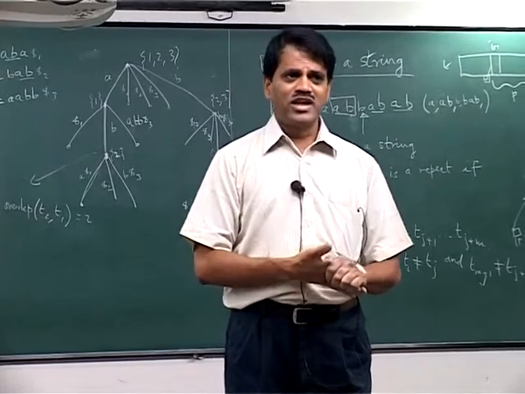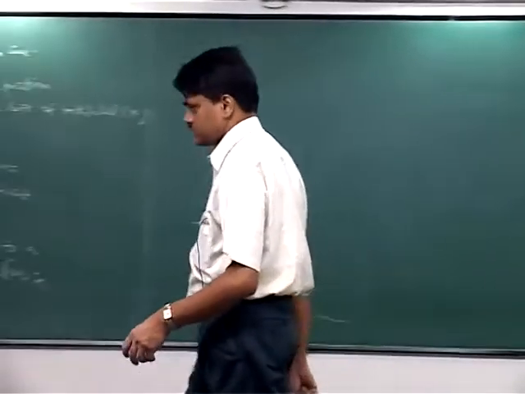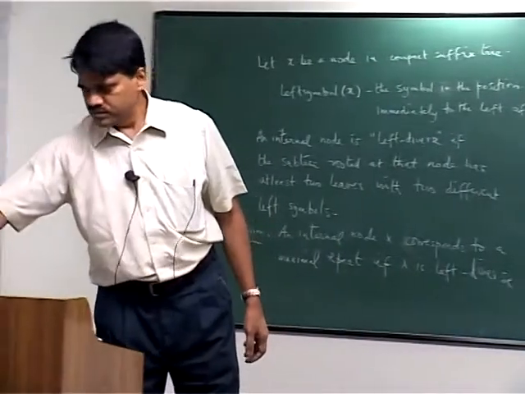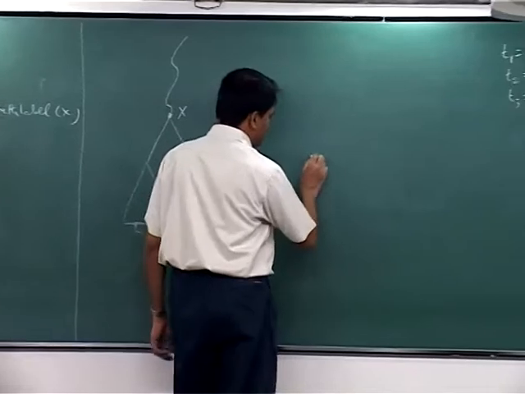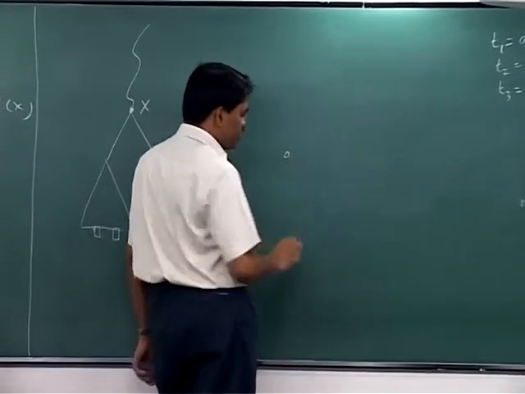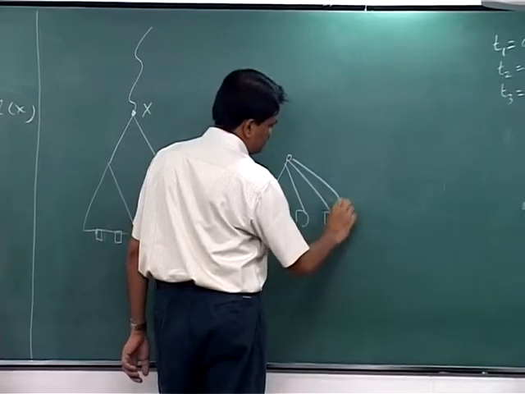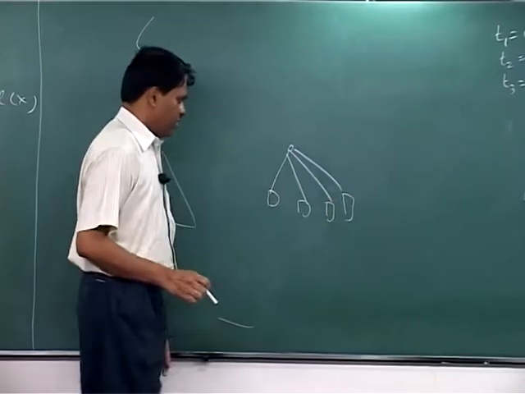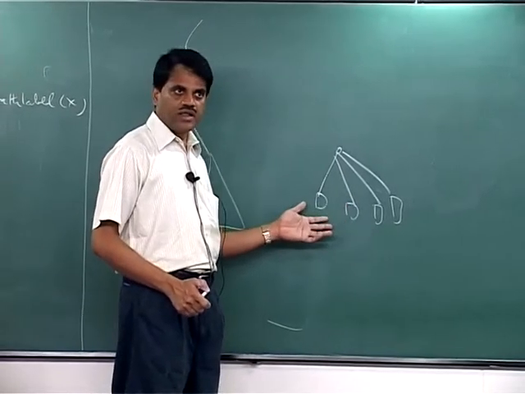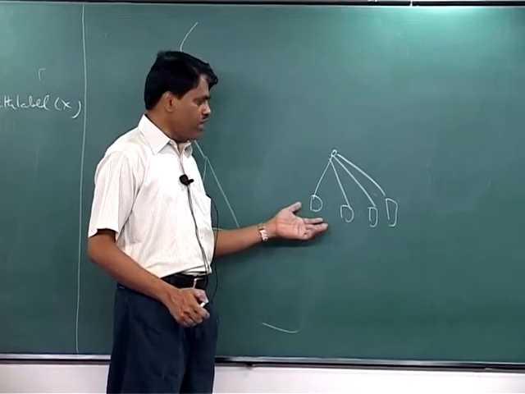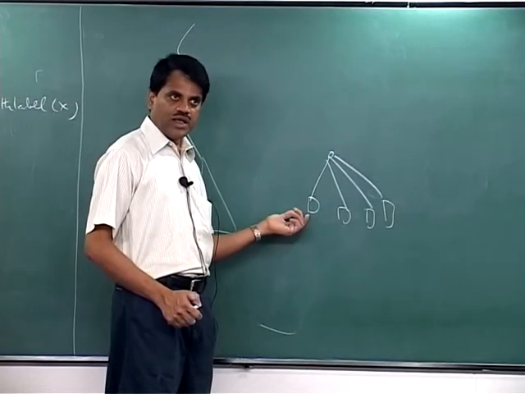So, what do I do? I look at the leaves here. Let us look at the parent of a leaf. These are all leaves. For each one of them I look at their left symbol, and if I manage to have two different left symbols, then I just mark it true.